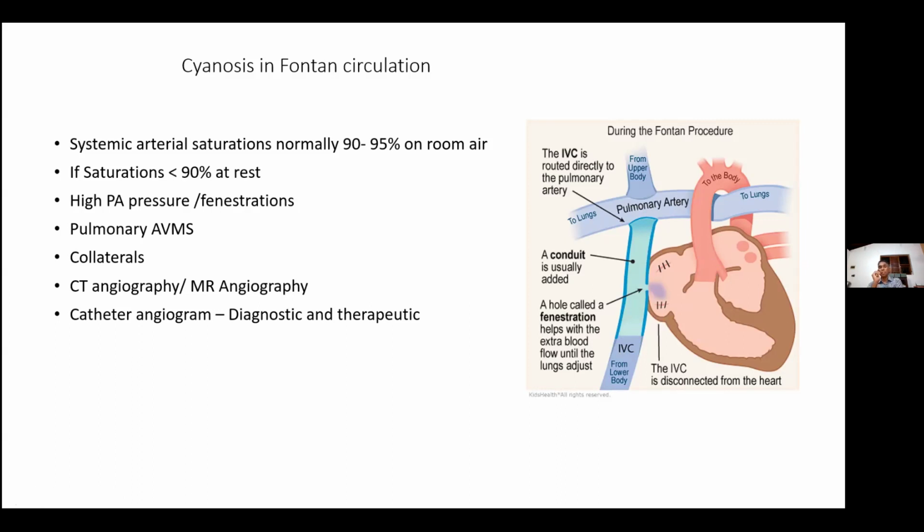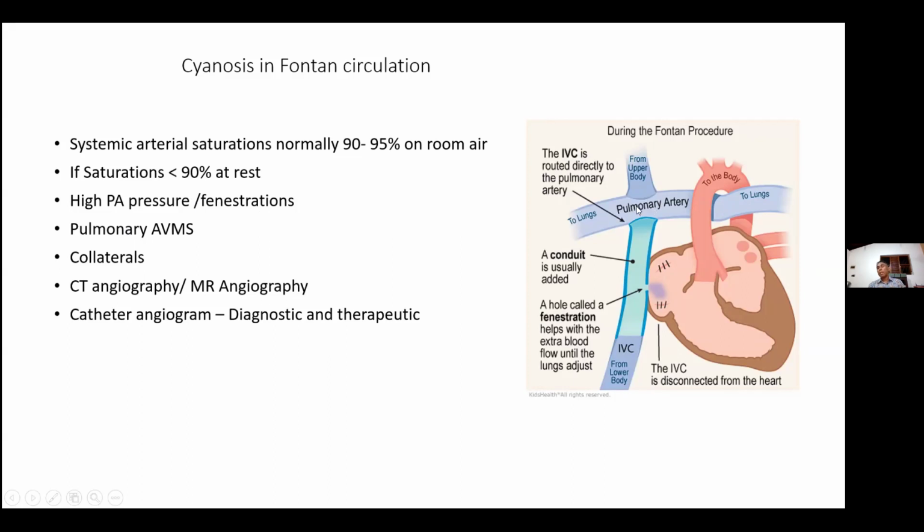If they come with cyanosis, there are so many reasons. Usually their saturations are around 90 to 95, but if the saturation is less than 90, it can be due to high PA pressure and the fenestration shunting from this conduit to the atrium, and pulmonary AV malformations. That is one common thing. So they bypass the alveolar circuit.